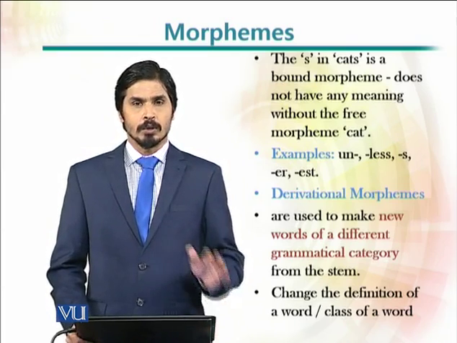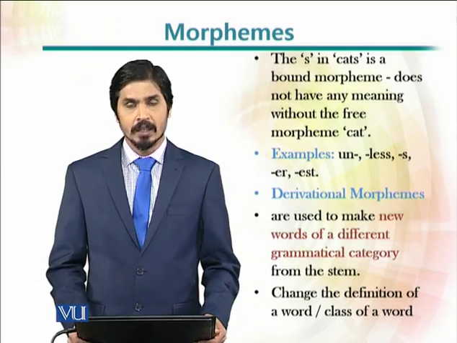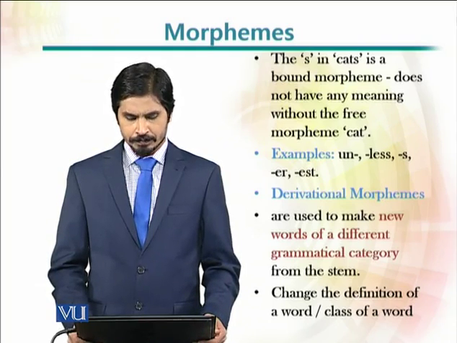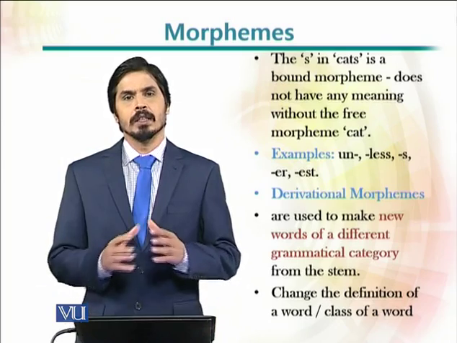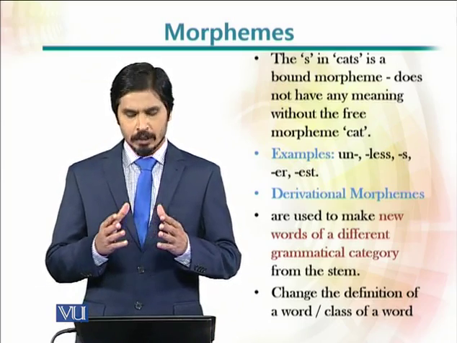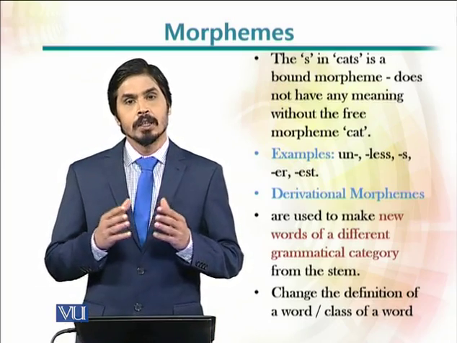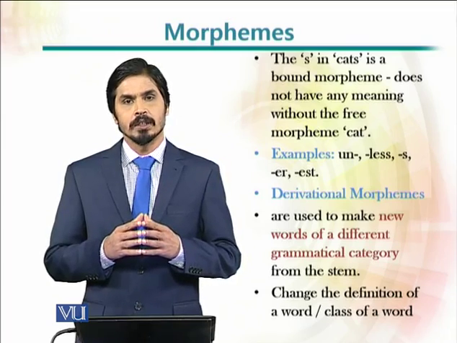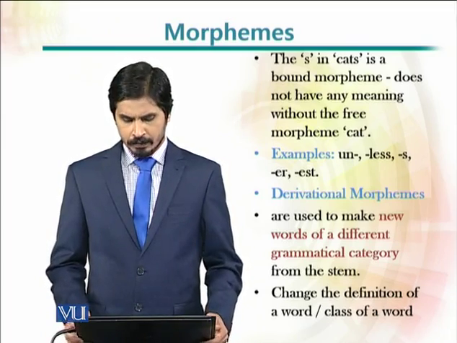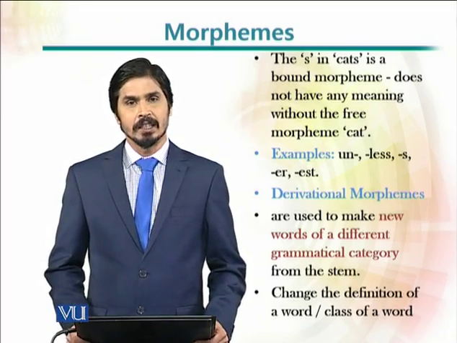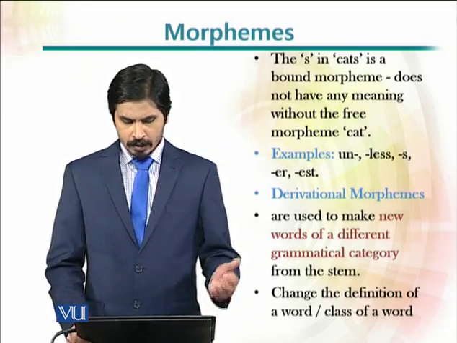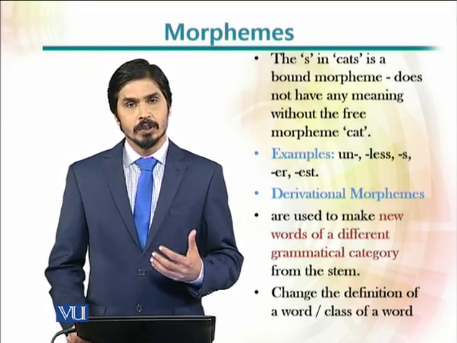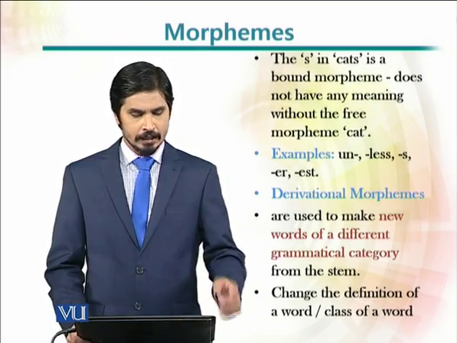Bound morphemes could also be divided into derivational morphemes. Derivational morphemes are those which, when they are put together with other words, form a different grammatical category of the words. For example, they change the definition of the word or its class.